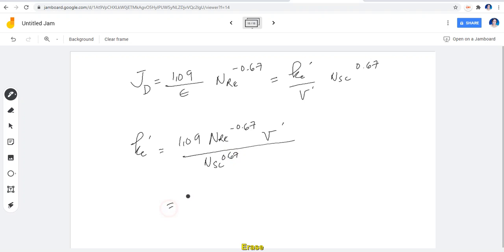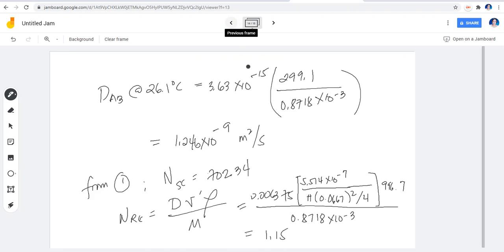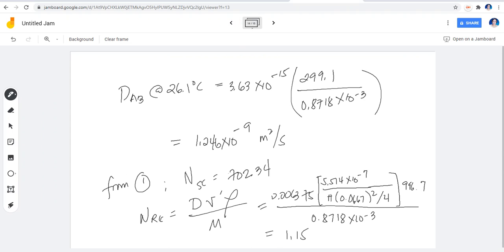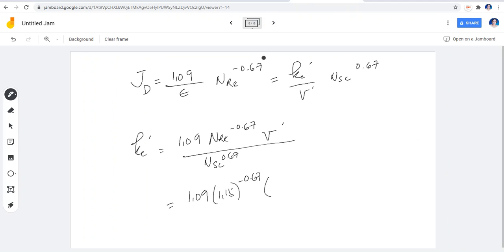So now we can do substitution. Our Reynolds number is 1.15. We raise it to negative 0.67. Our V prime is determined based on what we have in here. This entire expression is our V prime. So that's the same V prime that we will have in here.